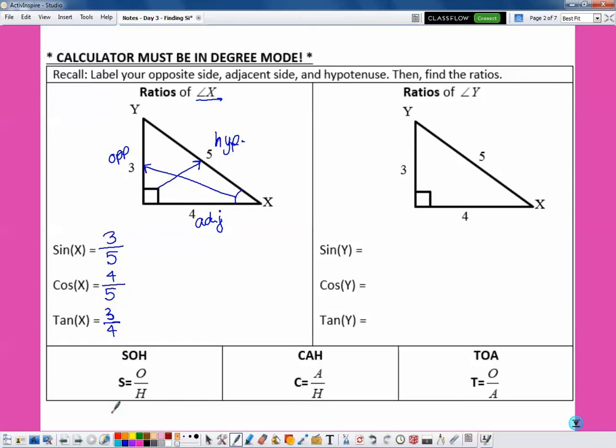Now remember, even if we're using the same triangle but we're using a different angle, that's going to change things up a little bit. If we're at angle Y, then our side with 4 is our opposite. 5 is our hypotenuse still because it's across from the right angle, and that makes 3 our adjacent side.